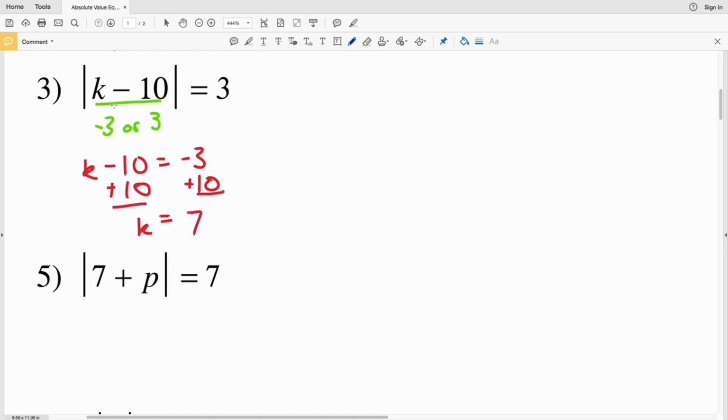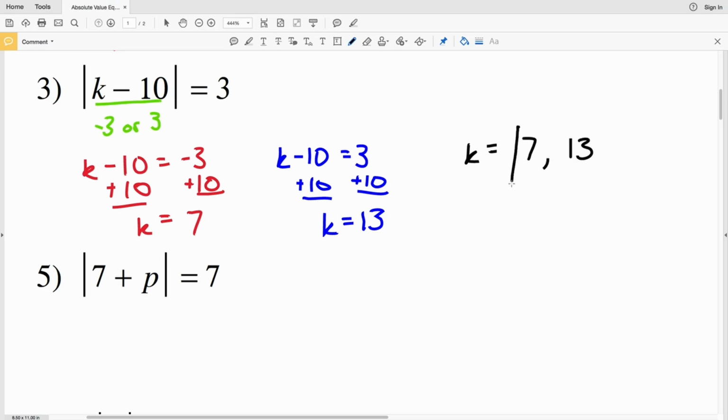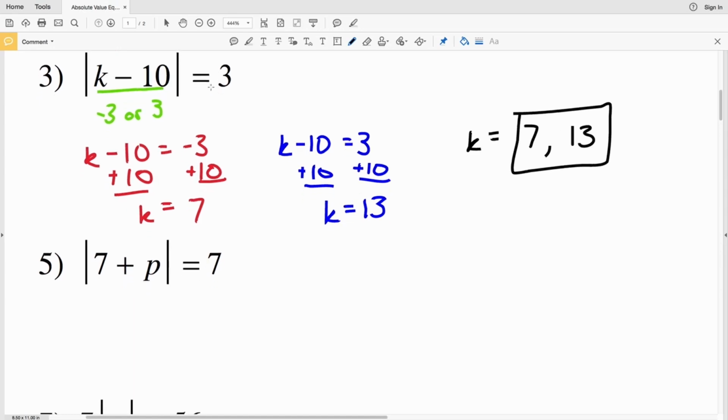Now let's see when k minus 10 equals a positive 3. Add 10 to both sides, and we get that k equals 13. So the answer for number 3 is that k is equal to either 7 or 13. Because 7 minus 10 gives us negative 3, and the absolute value of negative 3 is 3. And 13 minus 10 gives us positive 3, and the absolute value of positive 3 is equal to 3.